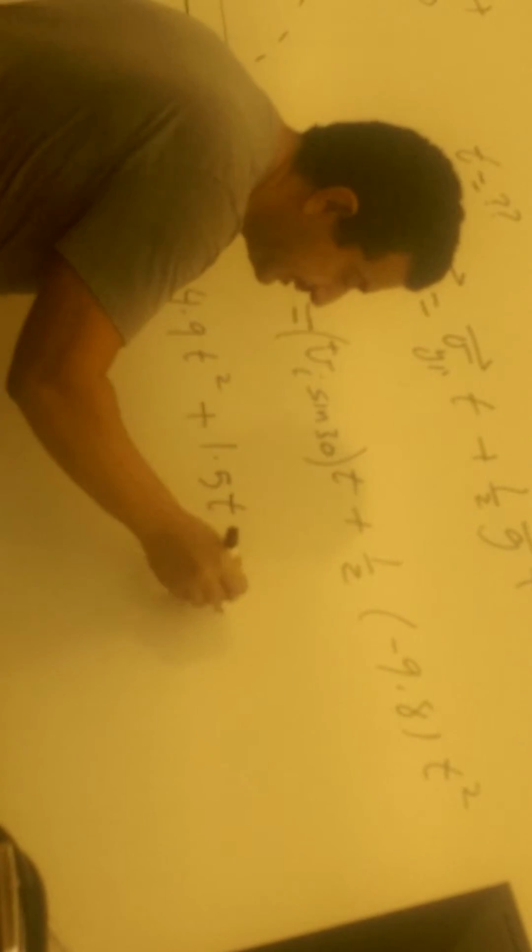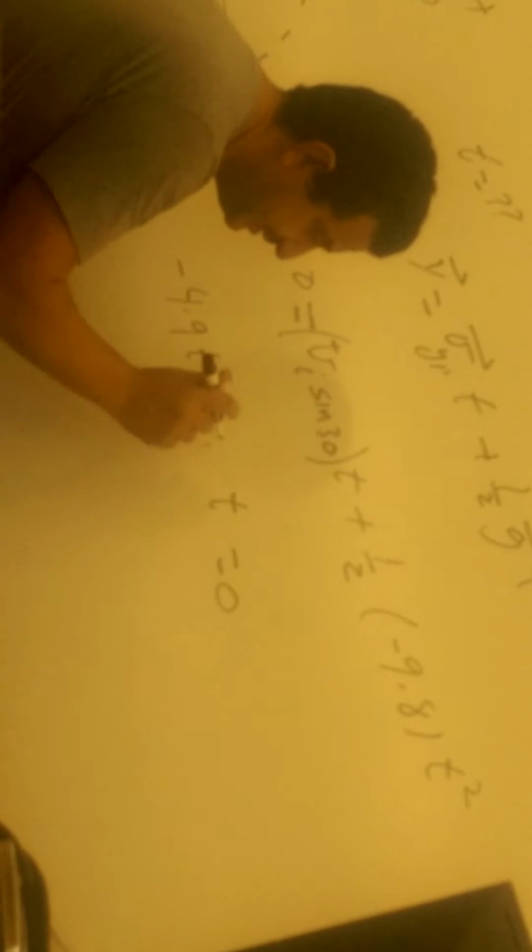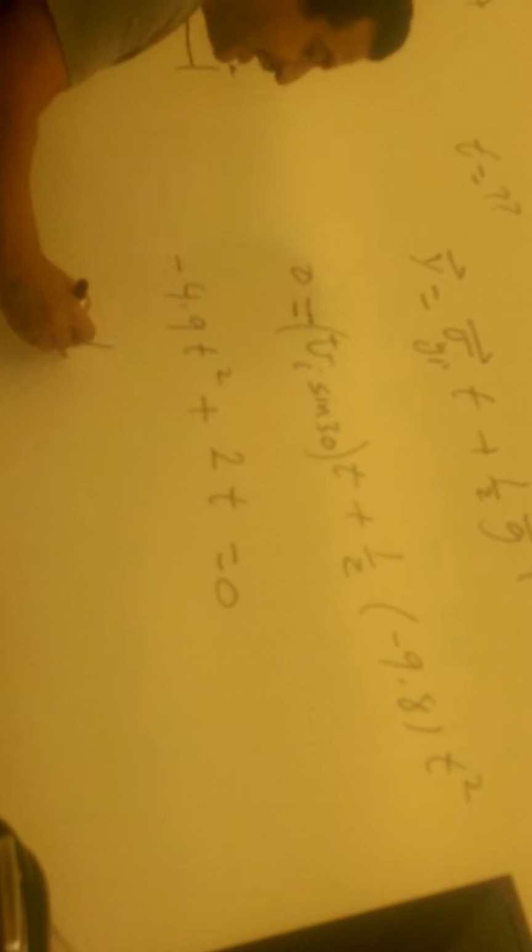y equals 0, right? Vy initial is 2, it should be 2, half that initial velocity. So 2t minus 4.9t squared equals 0. How do we solve this equation? Take t as a common factor.